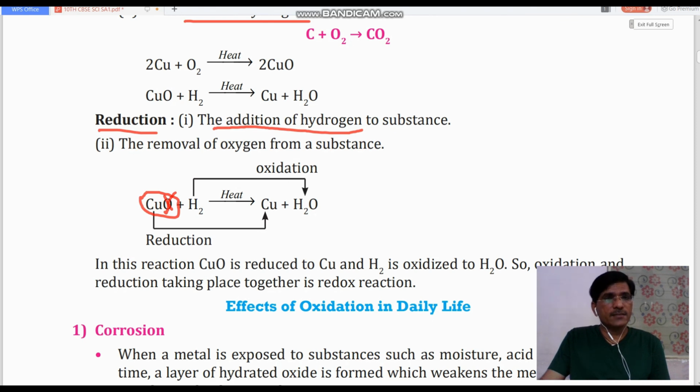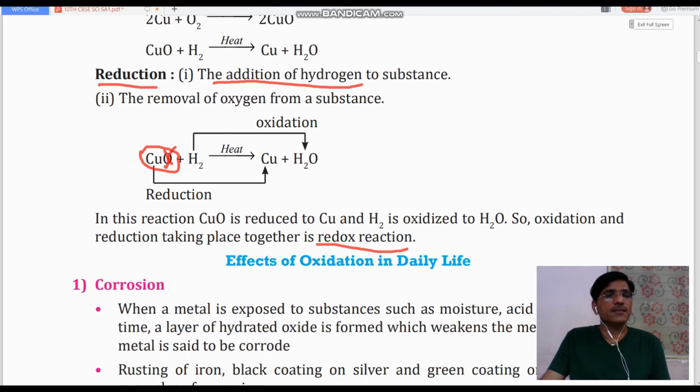When two reactions are combined in one reaction, it is called a redox reaction. Again, the definition: in any reaction, when oxidation and reduction take place together, it is called a redox reaction. Clear, everyone or not?